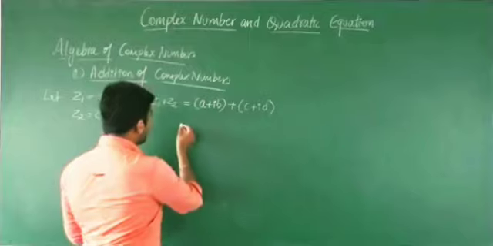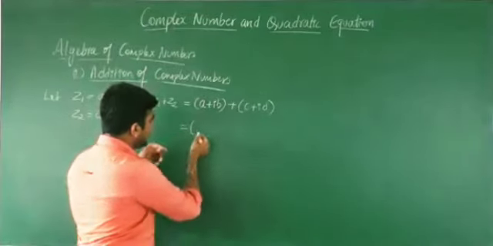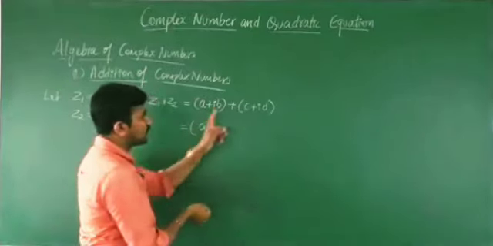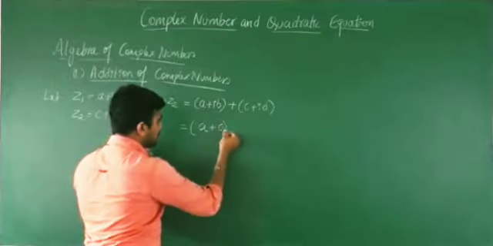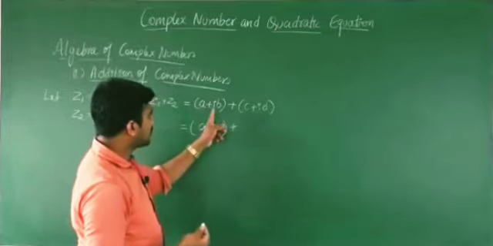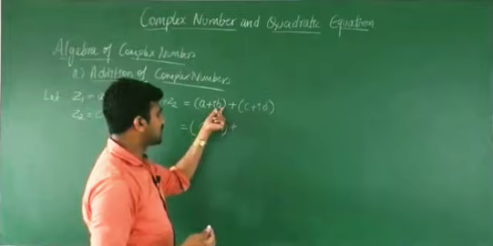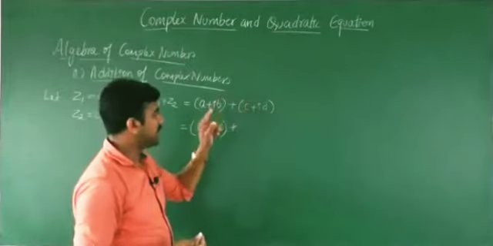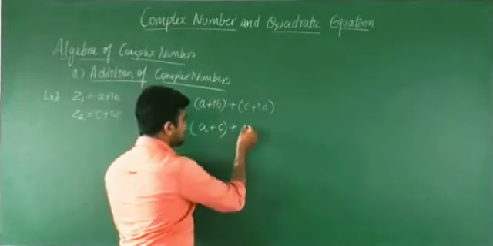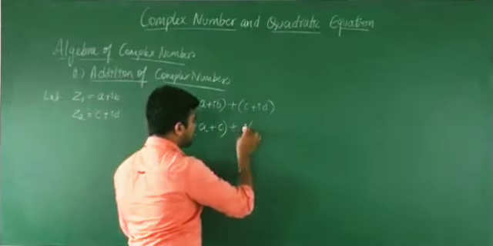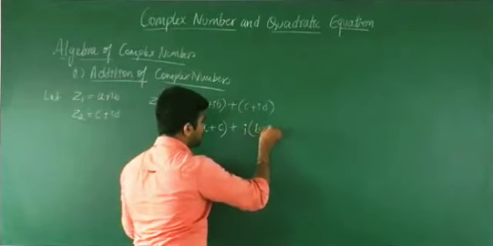Means the real part of the first complex number, a, should be added with the real part of the second complex number, c. Similarly, the imaginary part of the first, b, with the imaginary part of the second, d, but there i is common, so I'll write outside i into b plus d.